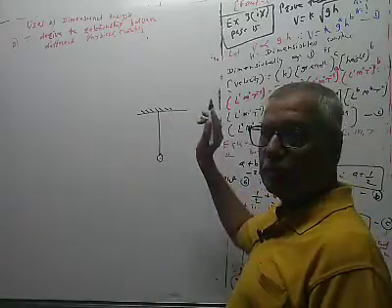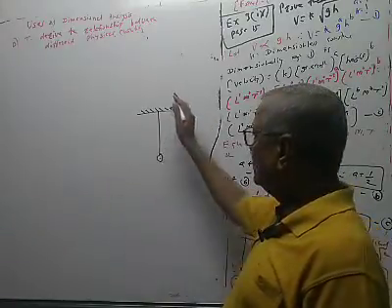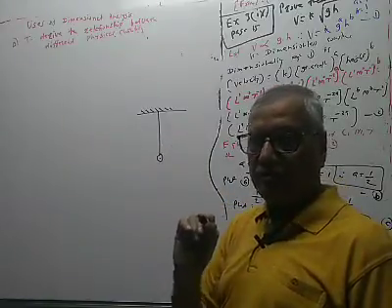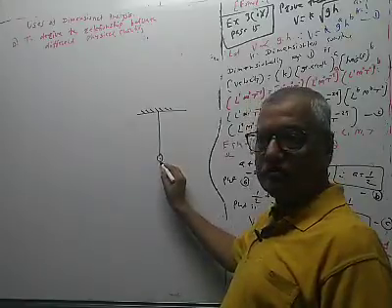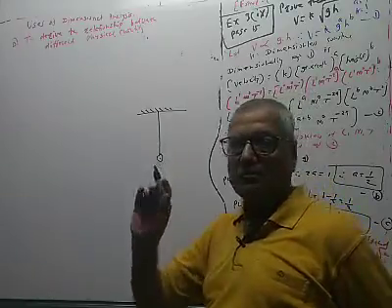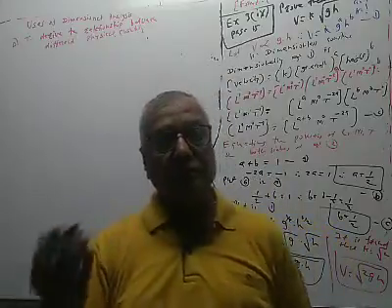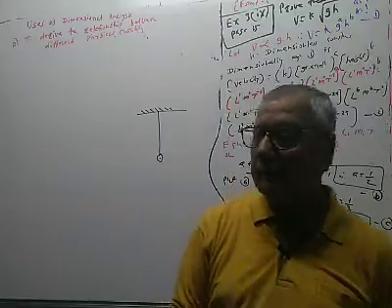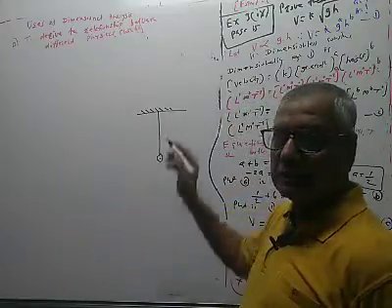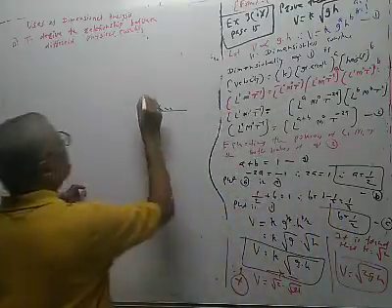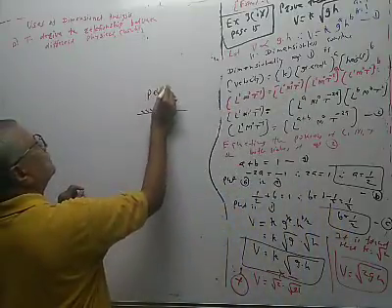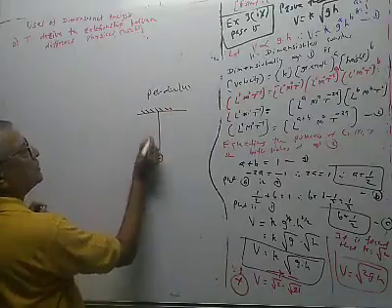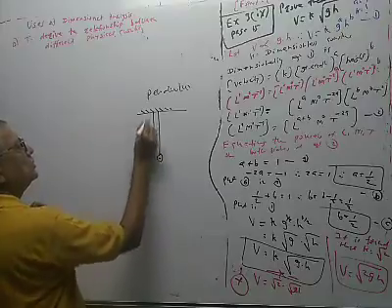This is a rigid support like a stand, and to this stand with the help of a string, thread, or fiber, a spherical bob is suspended. The bob may be of wood, gold, cotton, thermocol, iron, any. So this is called a pendulum. The length of the pendulum is measured from the center of the sphere to the point of suspension. So this is the length L.